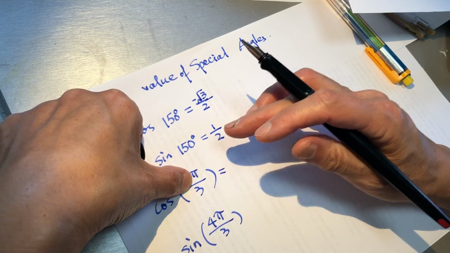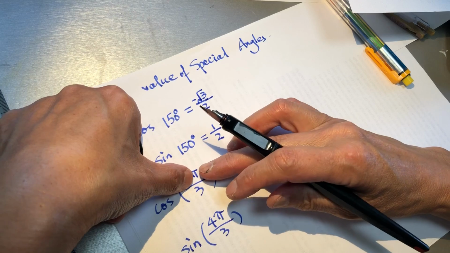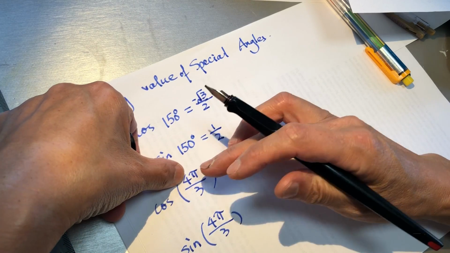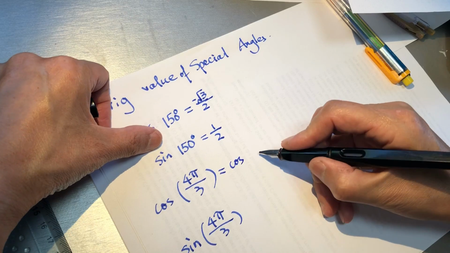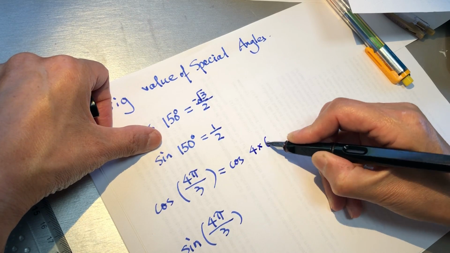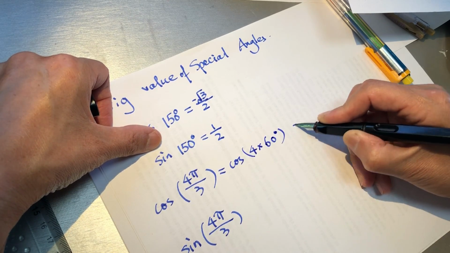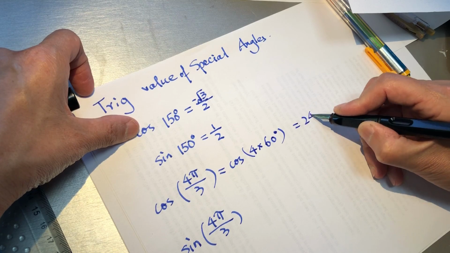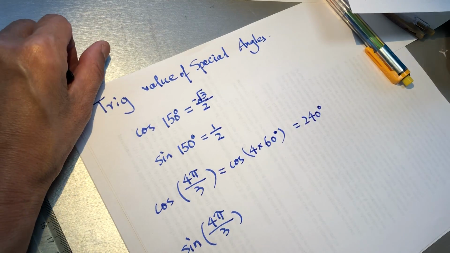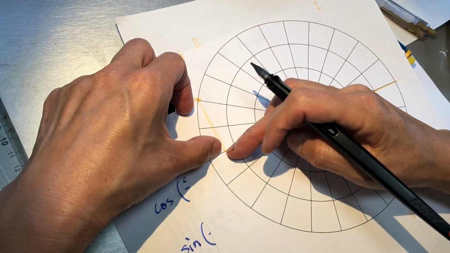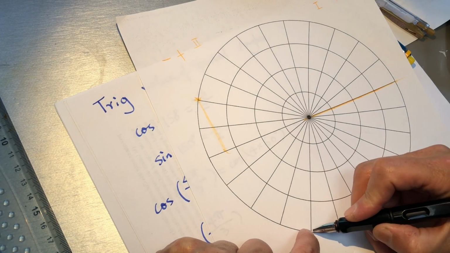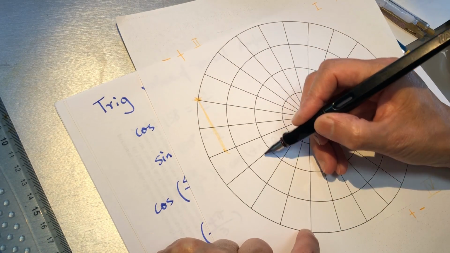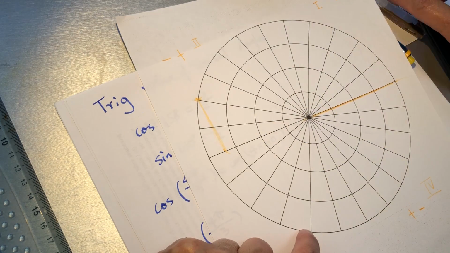There are some values you just know, right? So it's 60 degrees and 4 times 60. I am still more comfortable with 4 times 60 degrees. So it's 240 degrees. And 240 degrees, 180, 240 is here, right? And the reference angle will be 60 degrees.